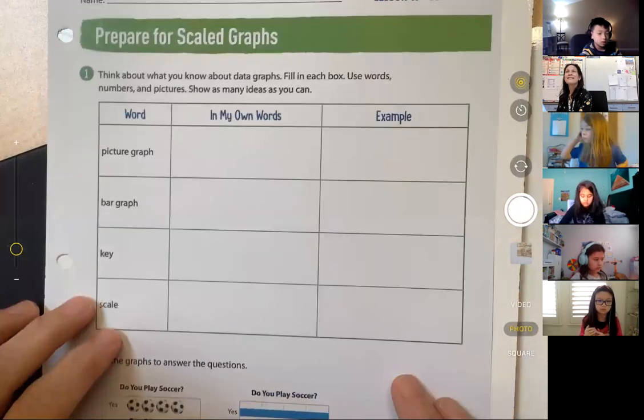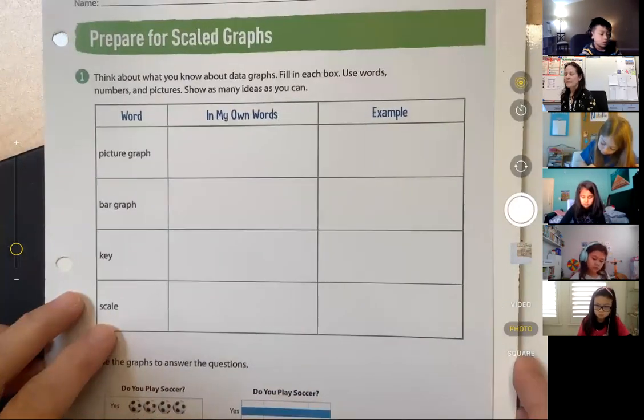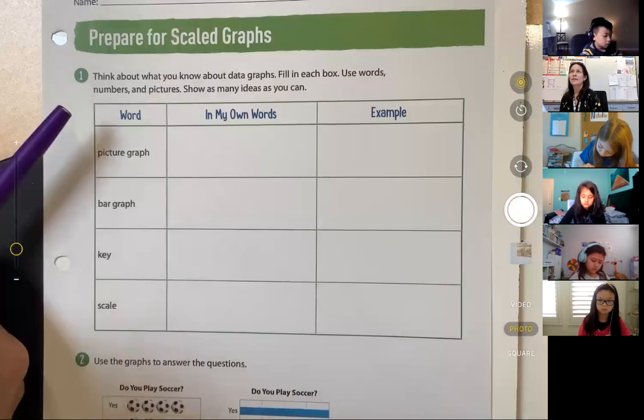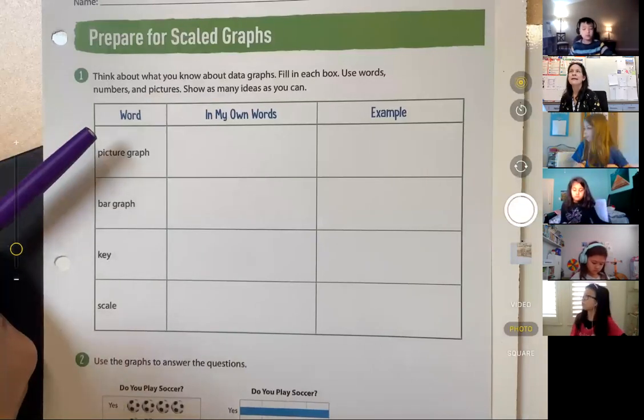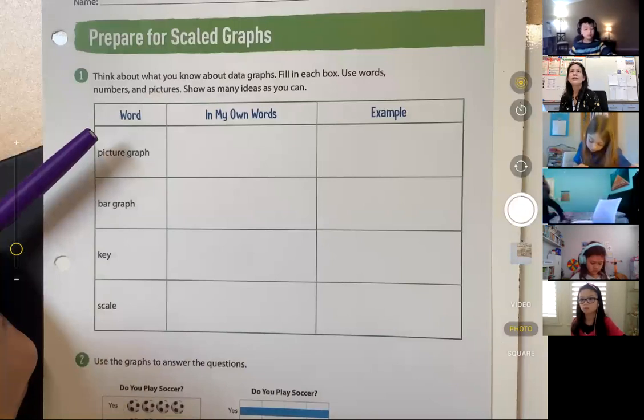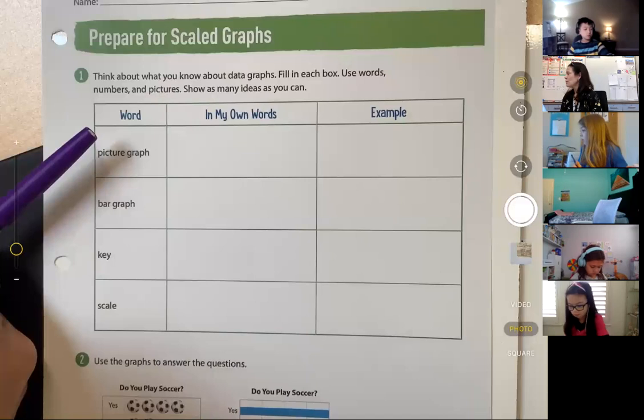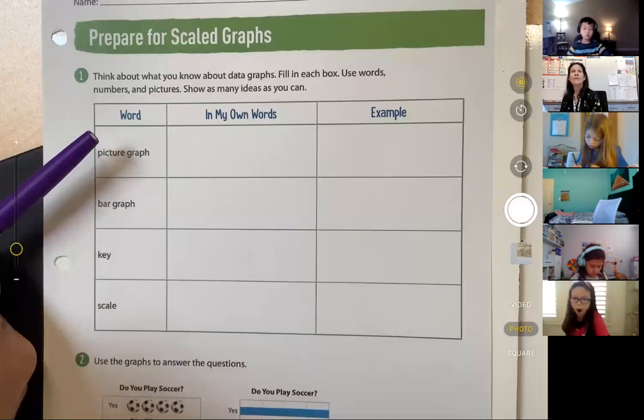And this is where it's the green up at the top, right? So now you're going to need to think a little bit. It says to think about what you know about data graphs. Fill in each box. Use words, numbers, and pictures. Show as many ideas as you can. This is where you're going to start.